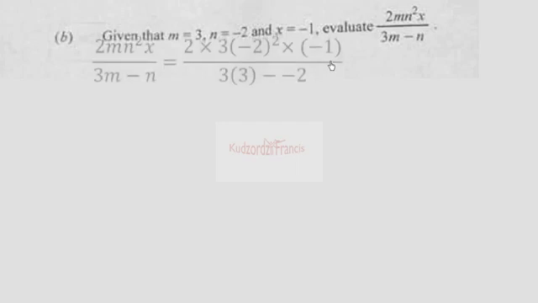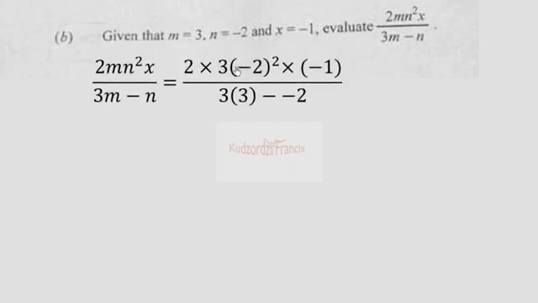Now the b part, given that m is equal to 3, n equal -2, and x equal -1, evaluate this expression. So it's just a matter of substituting the values. Note that the square will get rid of this, so we are going to get +4 here.